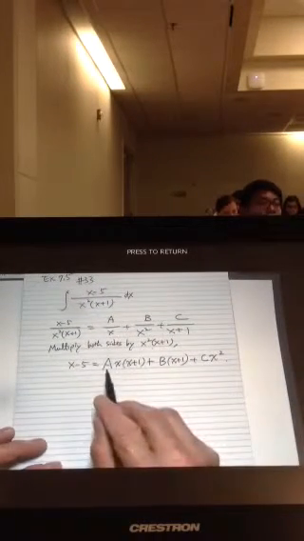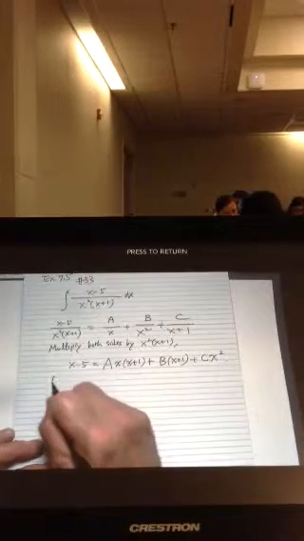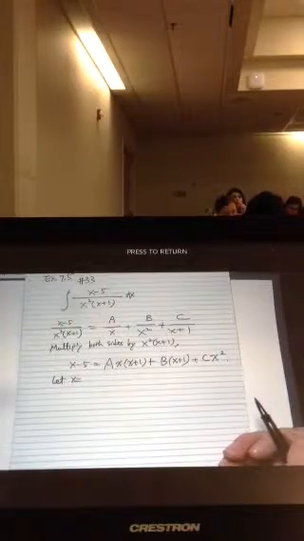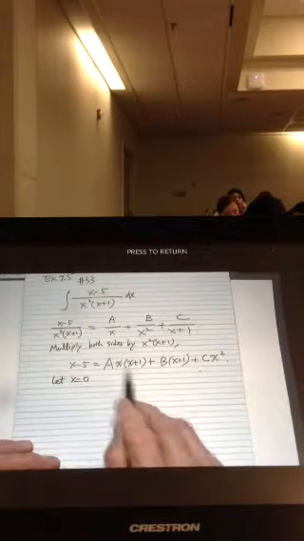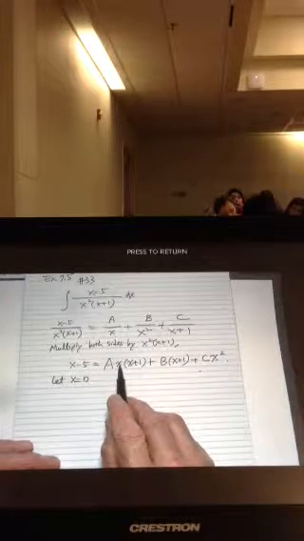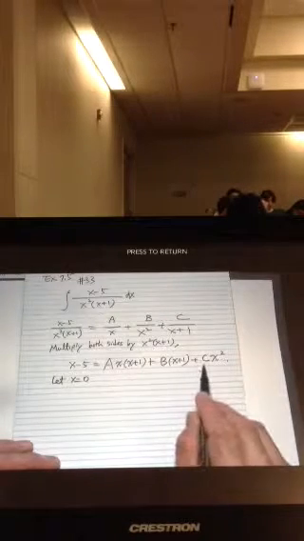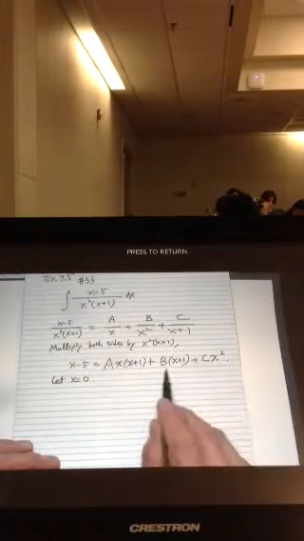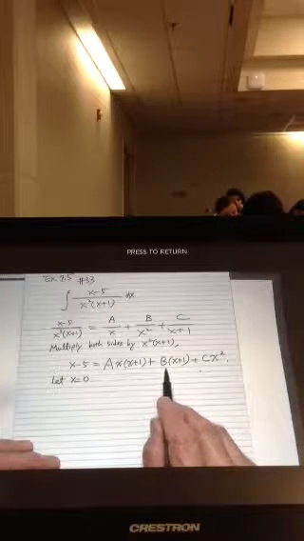All right, I need to find out what A, B, C are. Okay, so I'm going to just substitute, say x to be 0. Why 0? Because if I set x to 0, the first term is gone. The last term is gone. Only the middle term remains, and then I can find out what B is.